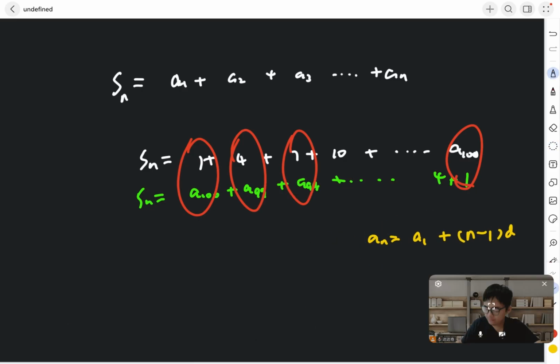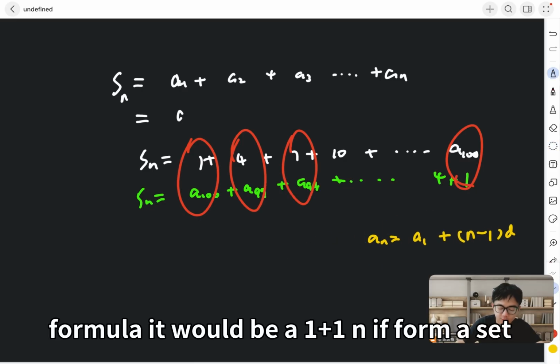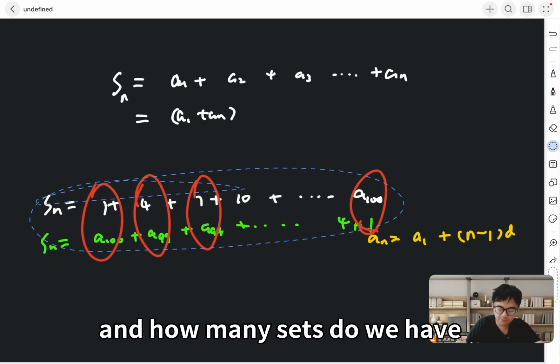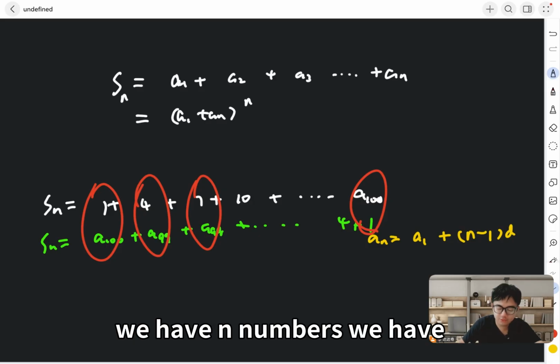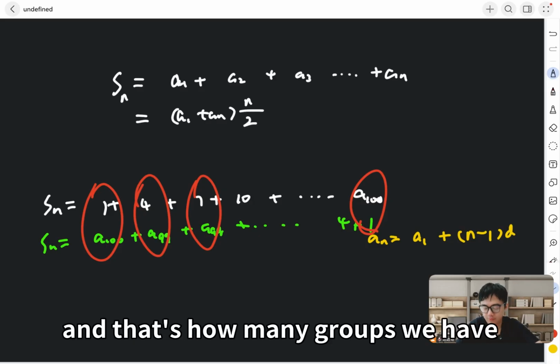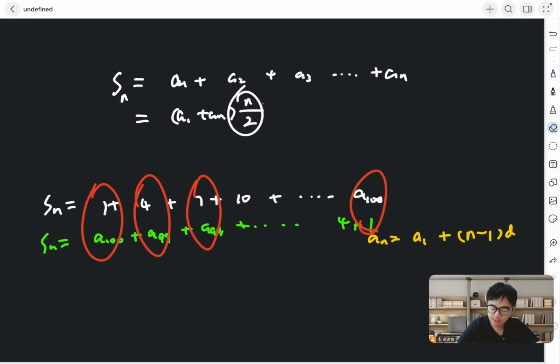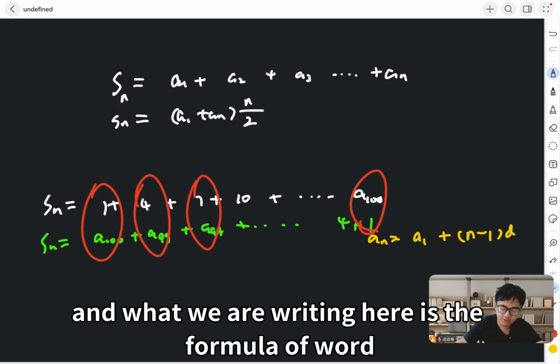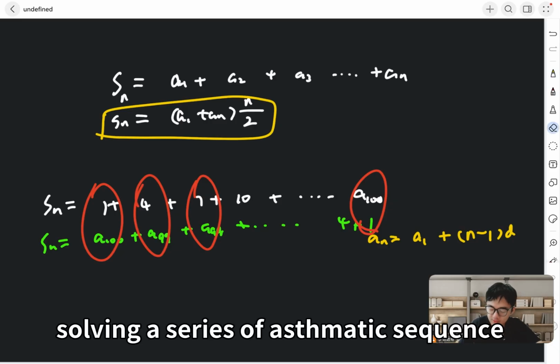So for the formula, it would be A1 plus An. They form a set. And how many sets do we have? We have n numbers, and we just divide by 2, and that's how many groups we have. And what we are writing here is the formula for solving a series of an arithmetic sequence.